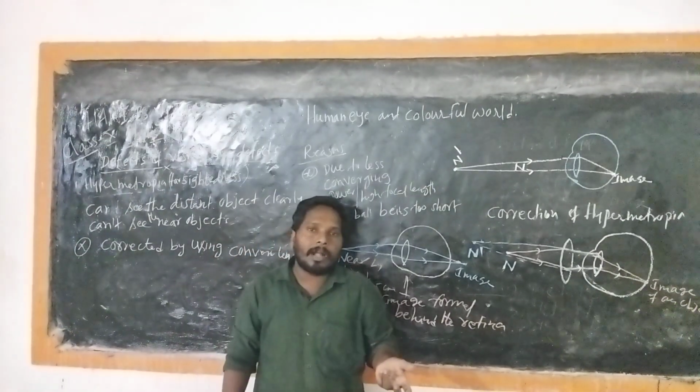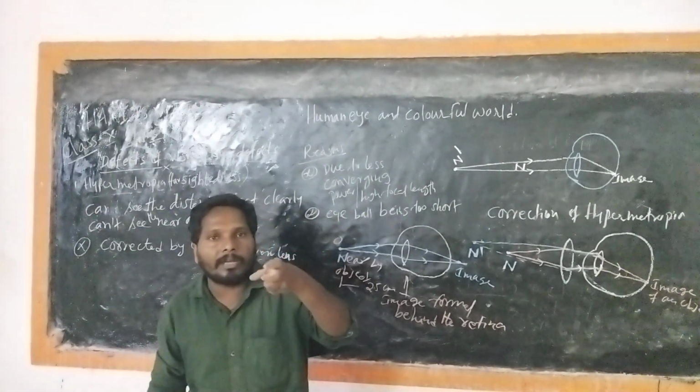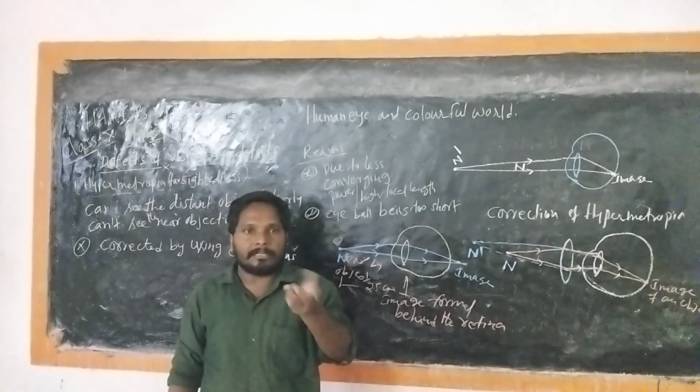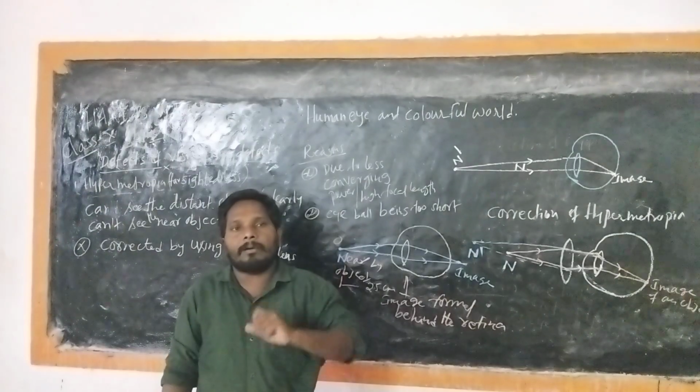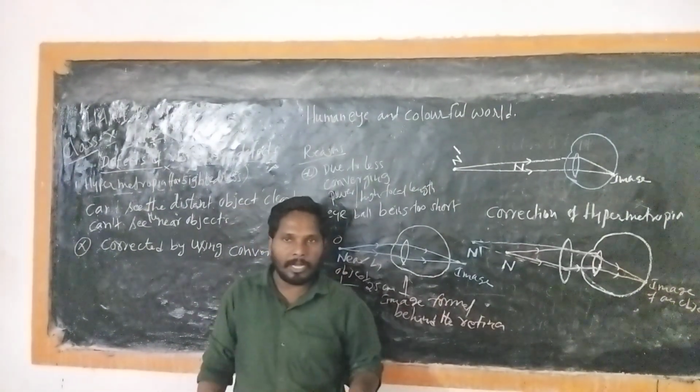What is the power of accommodation? Accommodation is the ability of the ciliary muscles to change the size of the eye lens, to change the converging power of the eye lens, or to change the focal length.